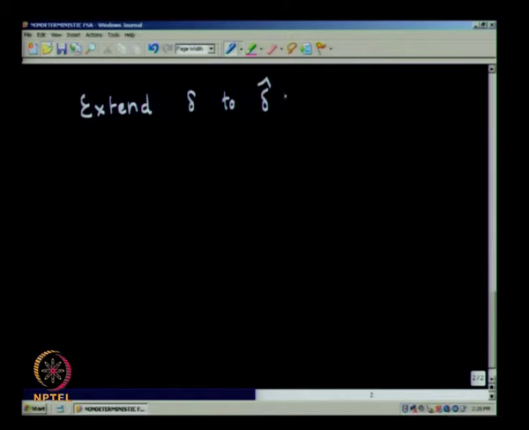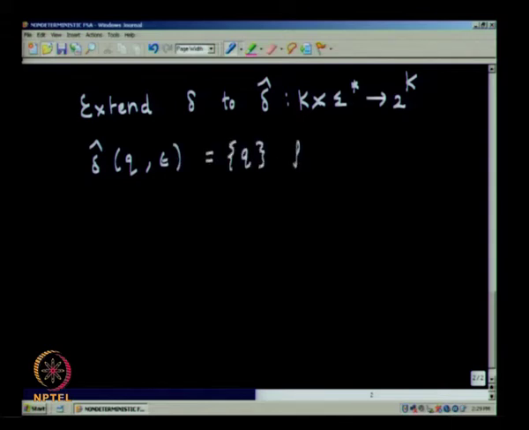Delta cap is defined from K into sigma star into 2 power K. Instead of K into sigma we try to extend it to K into sigma star. How do we define this? Delta cap of q, epsilon is equal to q for all q in K.